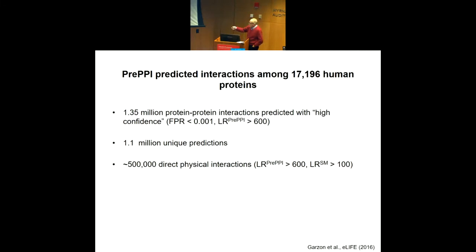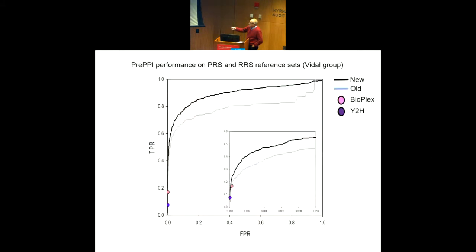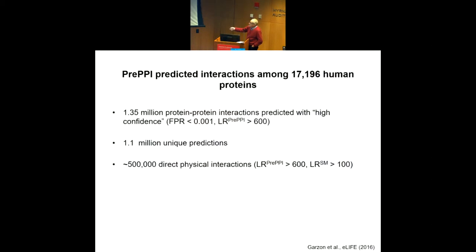Anyway, we have in the PrEPI database about over 1 million predicted interactions. Those that have a likelihood ratio of above 600, we know from our experience and from other sources, is what we can call a high confidence interaction.